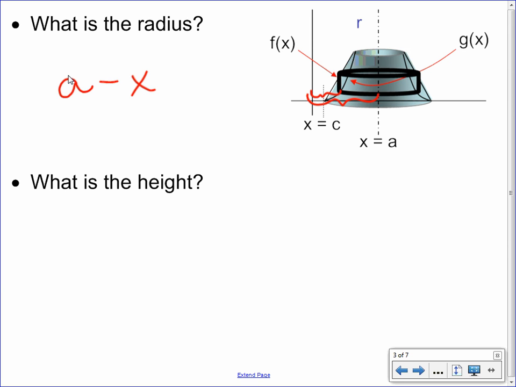Now, what would happen if our axis of rotation was on the other side? Then we're talking about x minus a because we're still going from right to left. So, if we're on the positive side of the axis, we're talking about a.